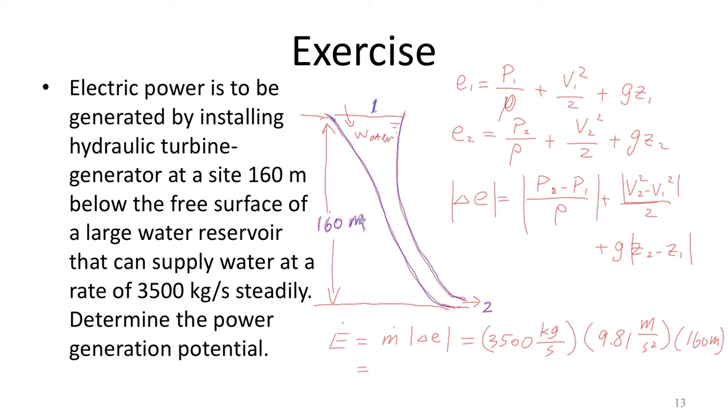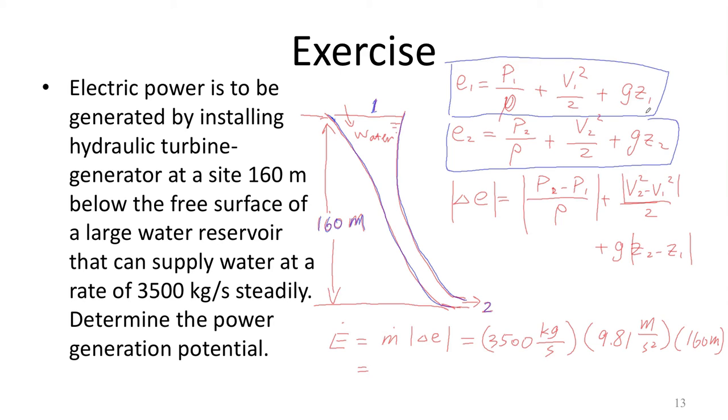And the mechanical energy at point 1 would be expressed in such a way. And then the mechanical energy at point 2 is this expression. Now we want to see how much the mechanical energy changes for the flowing water.